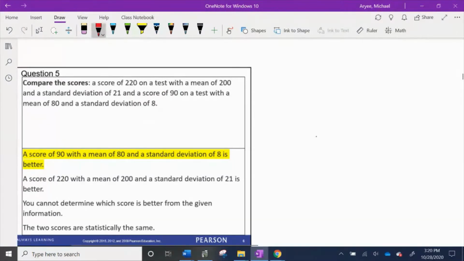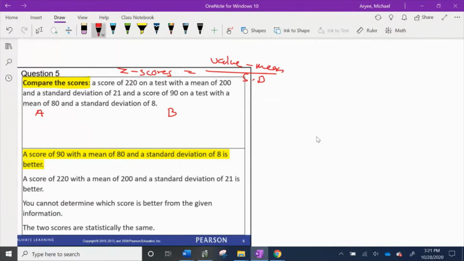Now, in this question, you compare scores using z-scores. So they gave us two test scores, let's say A and B. So this is comparing z-scores. The z-score is value minus mean divided by standard deviation.